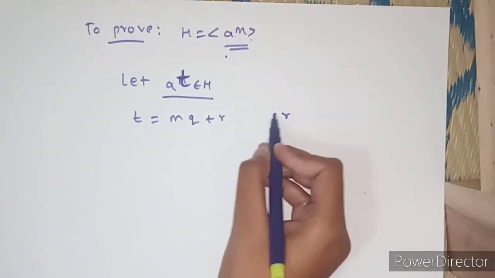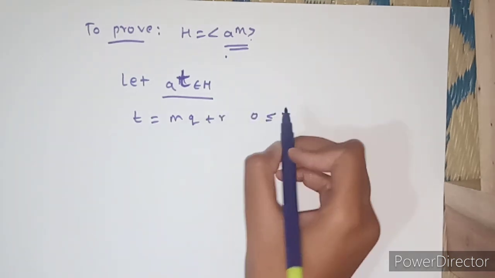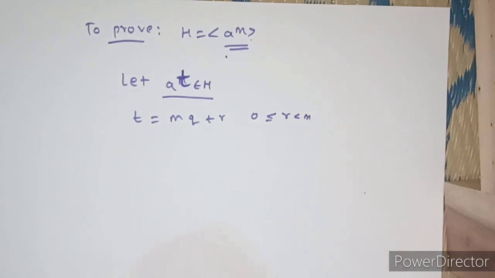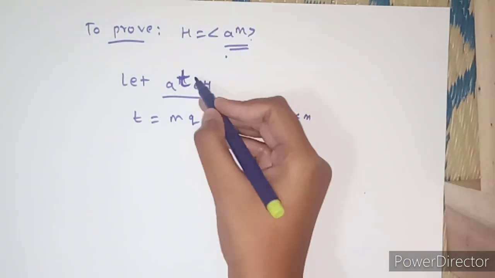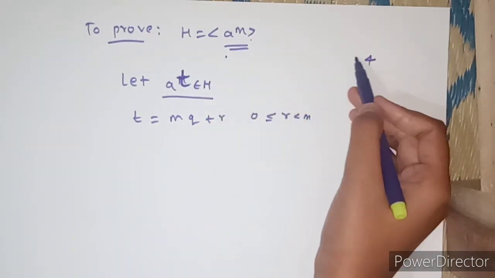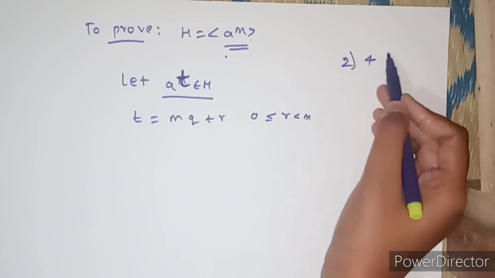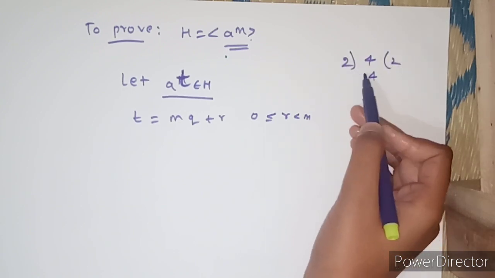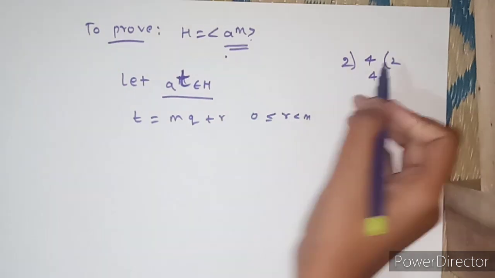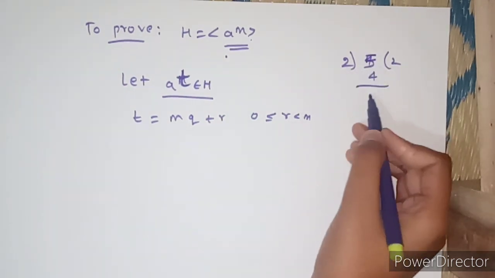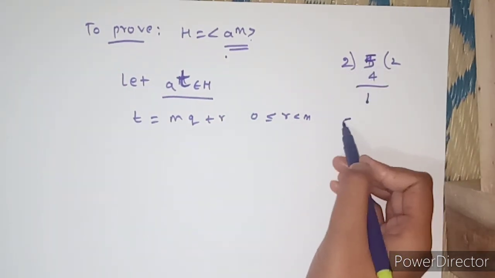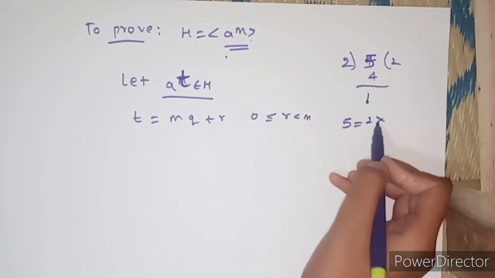I have already explained this in my previous theorem. Let me explain once again. If t is equal to 4, then 2 in place of divisor, 2 2s are 4. Not 4, let us take it as 5. 2 2s are 4, 5 minus 4 is 1, right? So here 5 is equal to 2 into 2 plus 1.